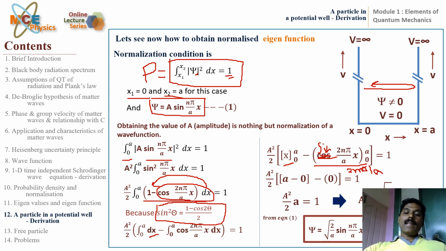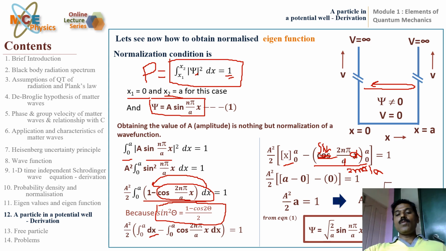And now let us apply the limits. Upper limit application, at the position of x gives you a, and lower limit gives you 0. So if x becomes a, what happens? This a cancels. If a cancels, sin 2n pi remains.